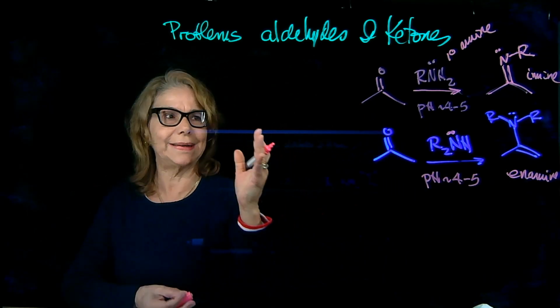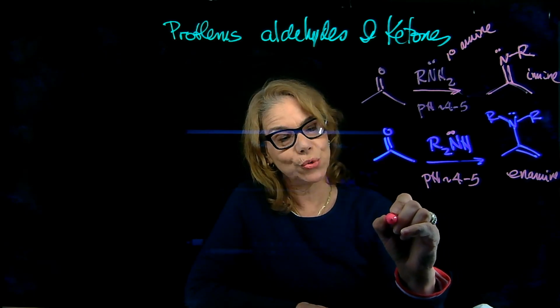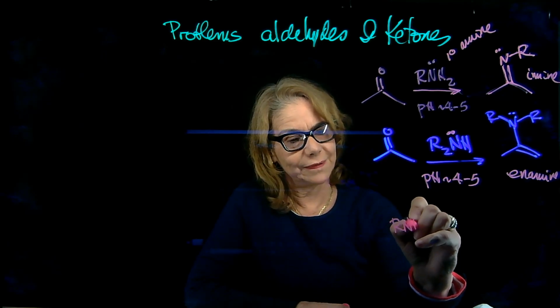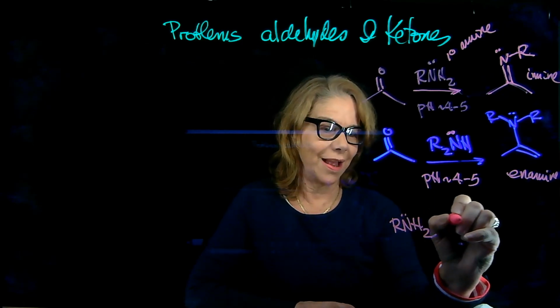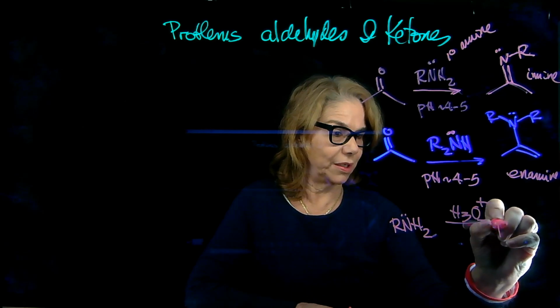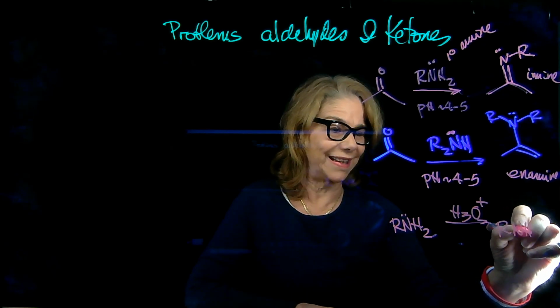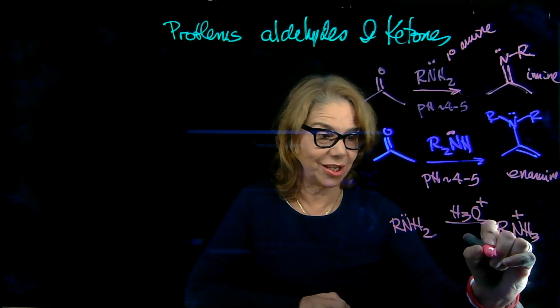So it's mildly acidic. The reason is that if the pH is too acidic, and this is a primary amine and you have acid, then you will have the protonated amino group, which is not nucleophilic.